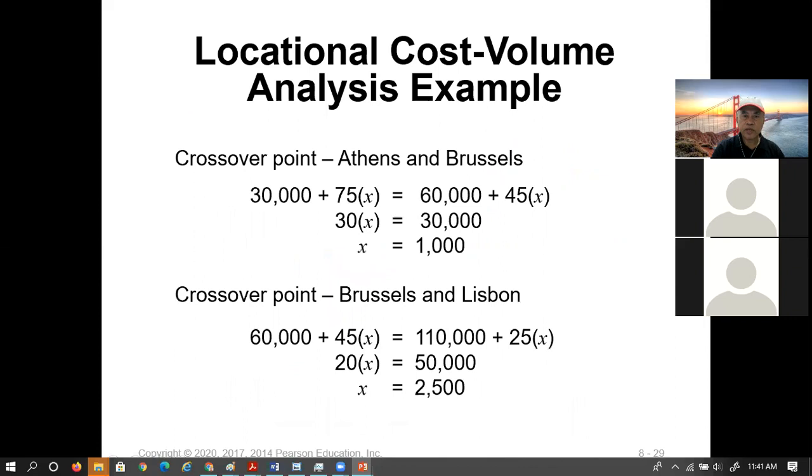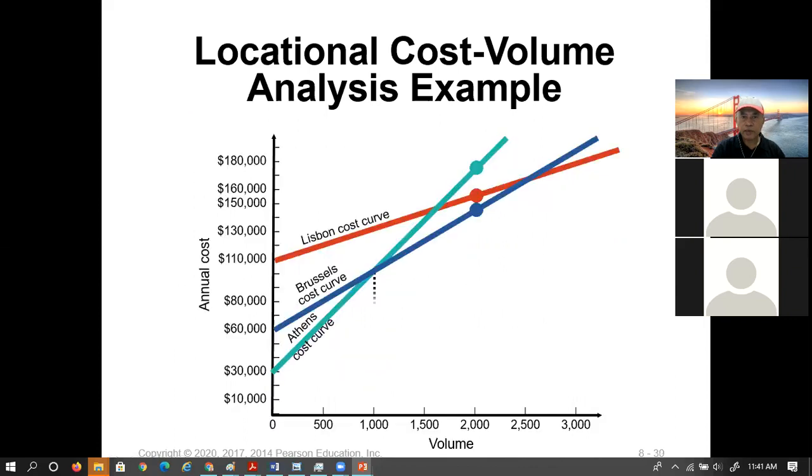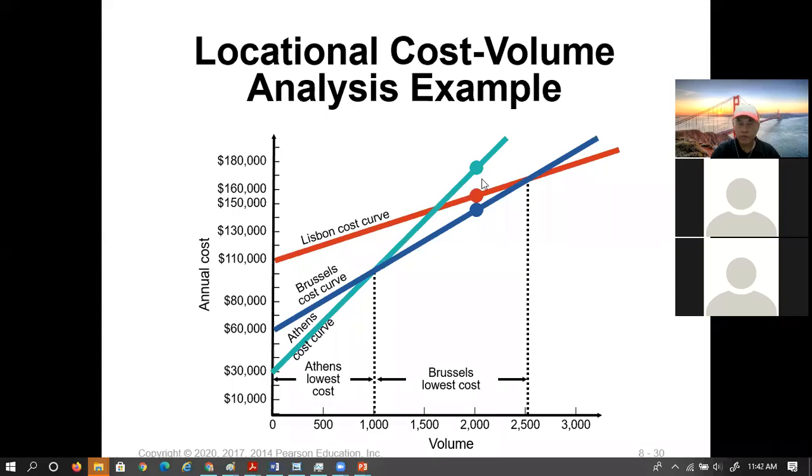For Athens, this is the light blue line.